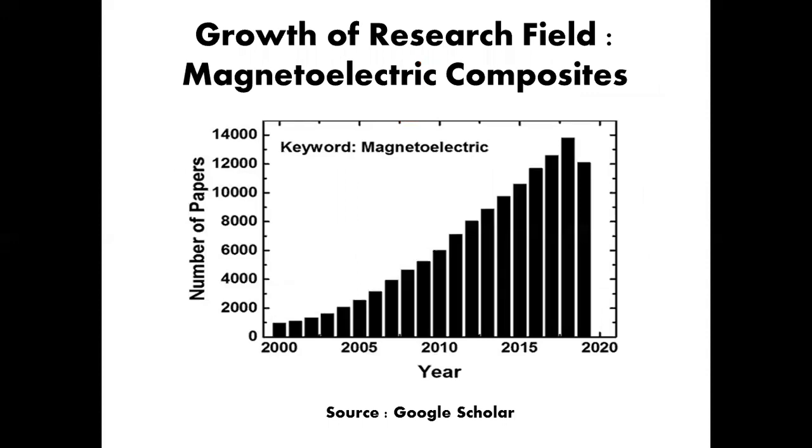This graph shows the growth of the research field in magnetoelectric composites, obtained from Google Scholar. Along the x-axis the years are plotted, and along the y-axis the number of papers produced during those years. You can see the exponential growth in the number of papers published on these magnetoelectric composites in the literature.